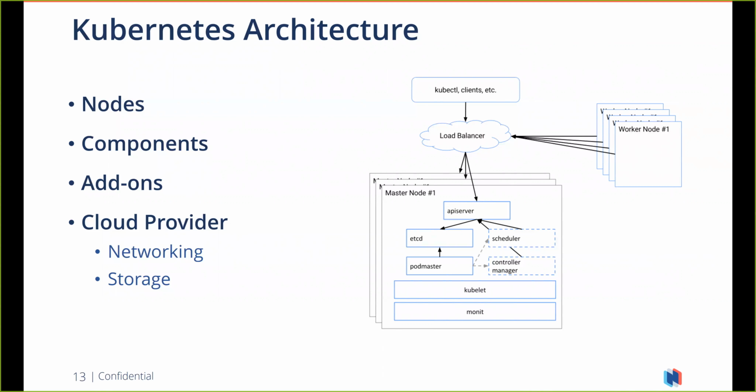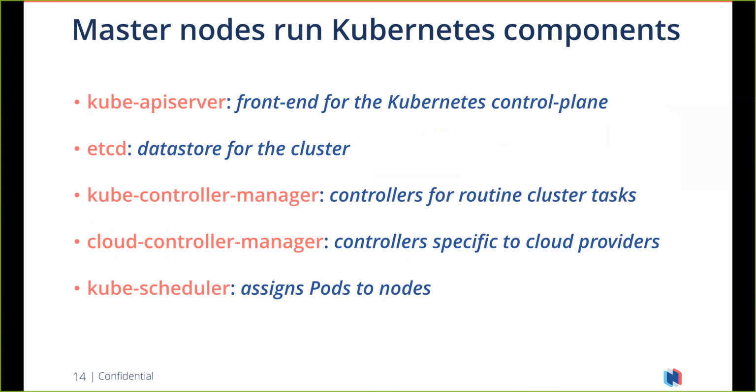This is where the networking, the storage, security, and other infrastructure policies for Kubernetes are provided, through this cloud provider integration. So the basics here are you have master nodes, you have worker nodes, you have components running on these nodes, and we'll take a look at what those are. You have add-ons to make your cluster complete, and then you have your cloud provider integrations for networking, storage, etc.